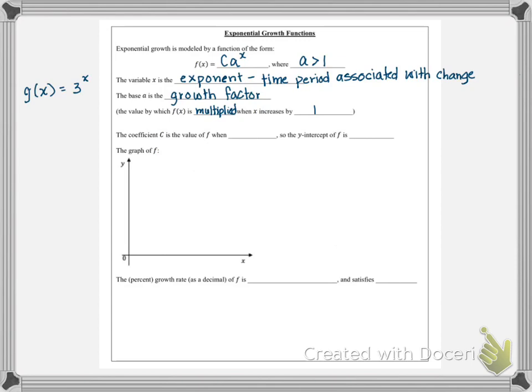So every time I increase x by 1, we're multiplying by a one more time. The coefficient c is the value of f when x is equal to 0. Because what's a to the 0, no matter what a is? 1. It's 1, right? So if I plug in 0, I get c times 1. So I'll always end up with c. So my y-intercept is (0, c).